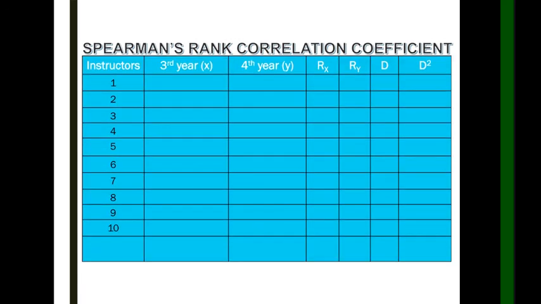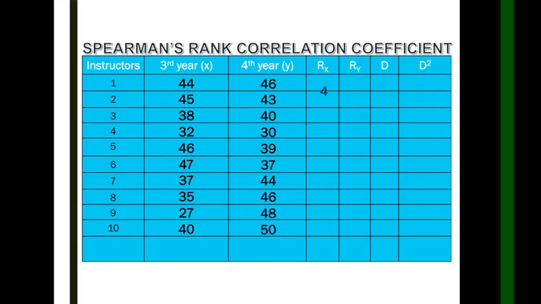Now, these are the scores of these 10 instructors. Okay, so these are given. Now for the first column, Rx, meaning to say we will rank the values of x, the third year scores of the 10 instructors.